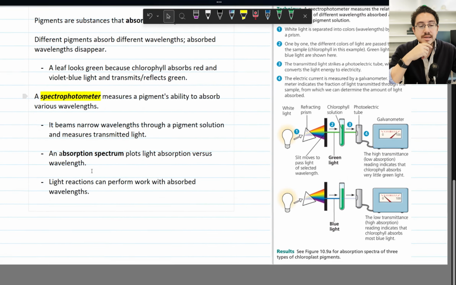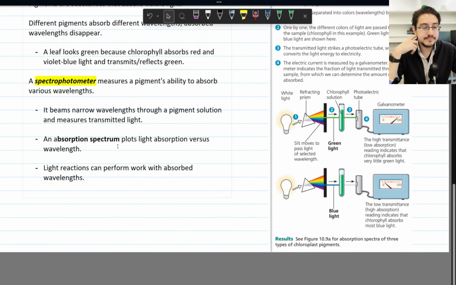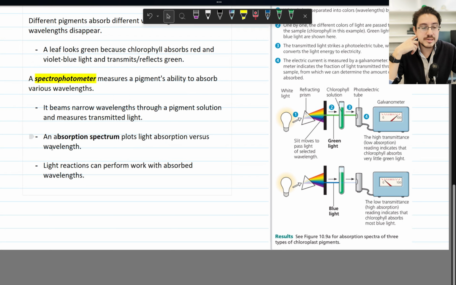There are machines that can measure a certain pigment or molecule's ability to absorb light. They're referred to as spectrophotometers. Very, very important tool, to measure a pigment's ability to absorb various wavelengths. So what happens here? You beam narrow wavelengths through a pigment solution, as you see here in particular.